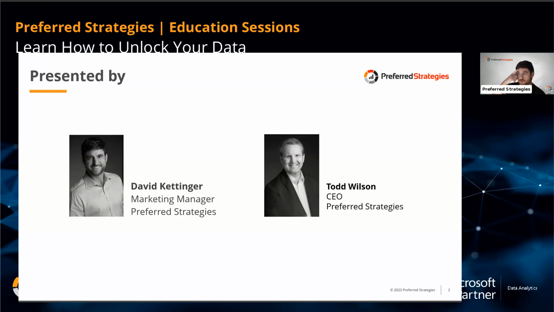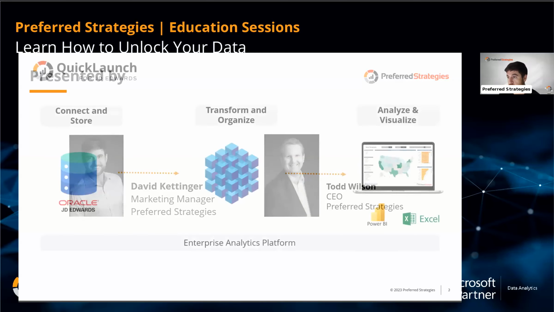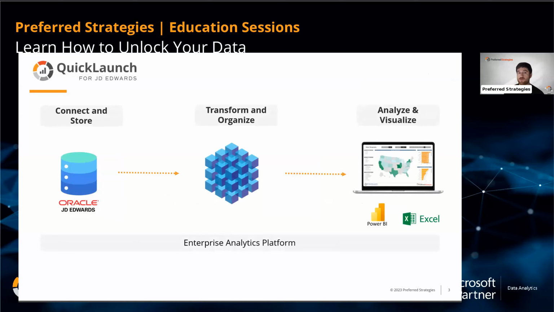And we'll move on just to introduce the data set that we'll be working with today, which is going to be the QuickLaunch for JD Edwards data set. So at Preferred Strategies, we've developed this QuickLaunch enterprise analytics platform for companies who've realized they needed to replace their legacy reporting tools and move to a modern analytics platform. And so that's what we'll be using in demonstration today as our data set.